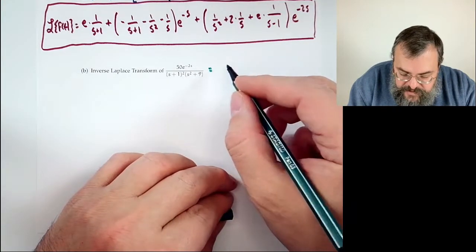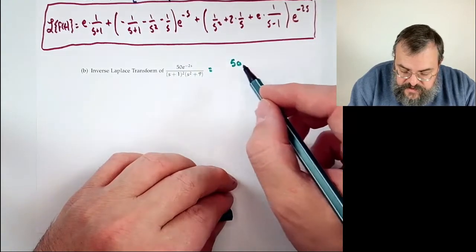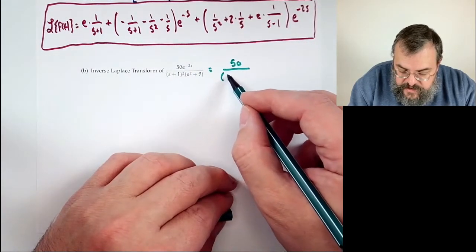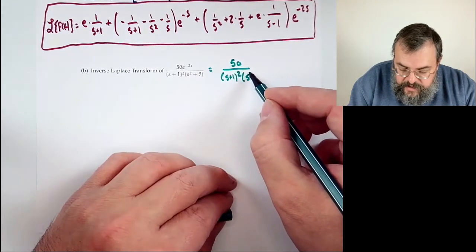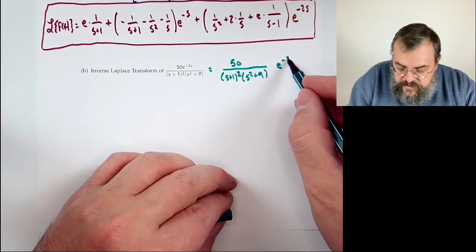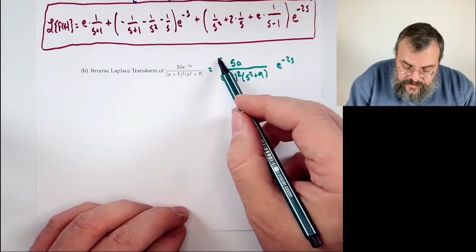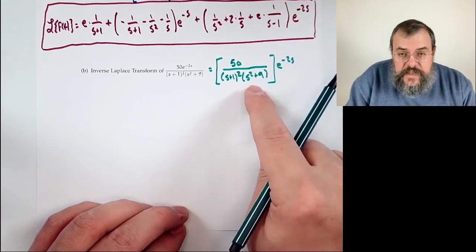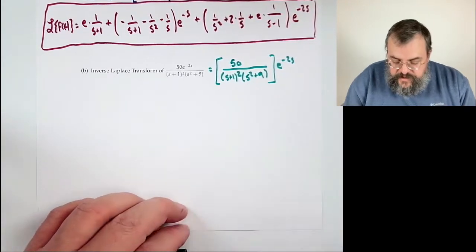And that mistake is the e to the minus 2s is not part of your partial fractions. So your partial fractions is going to be with the 50 over s plus 1 squared times s squared plus 9. And then the e to the minus 2s is off to the side. So this is what we want to do the partial fractions on. And this we're just going to have after we finish our partial fractions.